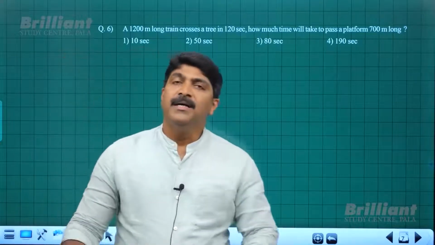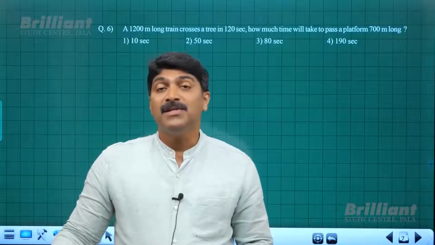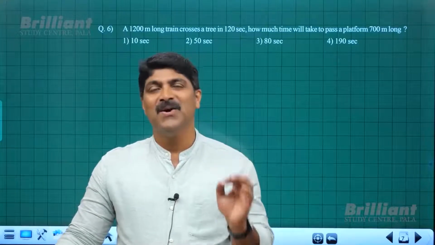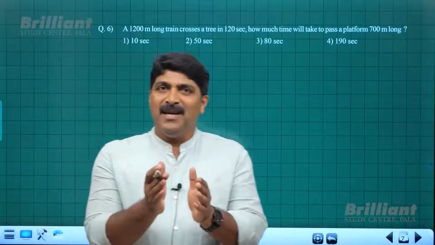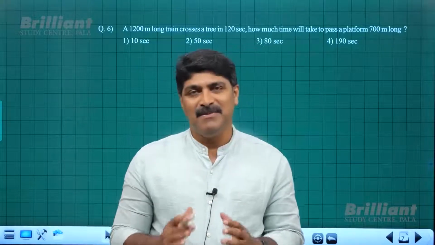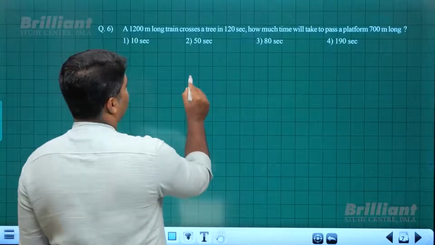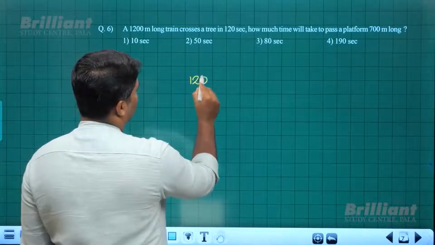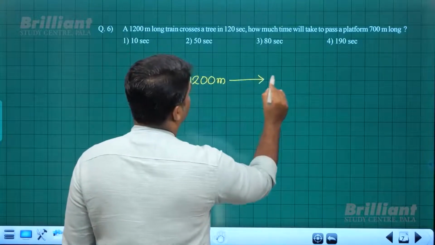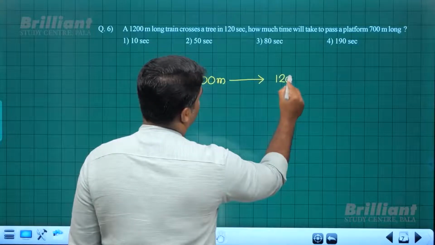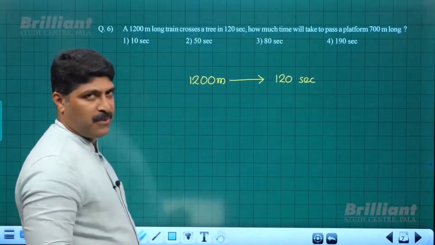When a train crosses a tree, the distance covered is the length of the train itself, because the width of the tree is comparatively negligible. So from the first statement, the inference is that for covering this 1,200 meters, this train required 120 seconds. So it's a tricky unitary type of approach.